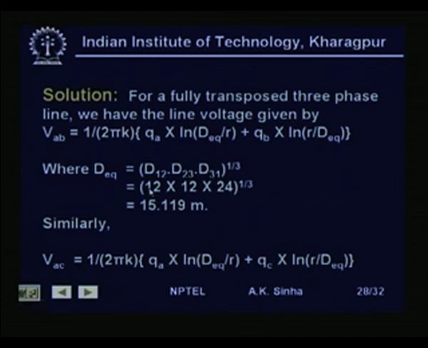Now, substituting these values, we get 12 meters into 12 meters into 24 meters, that is the distance between the conductors A and C. The cube root of this will give us 15.119 meter.